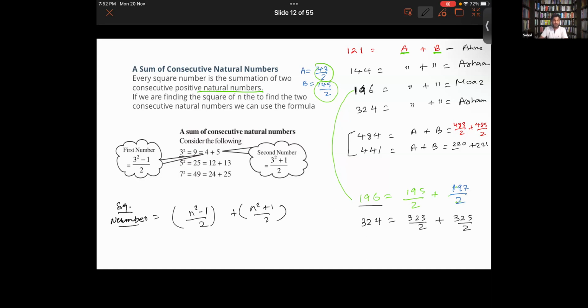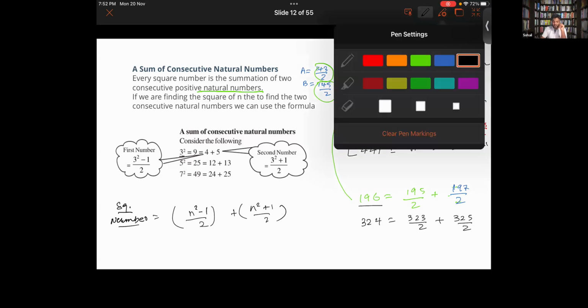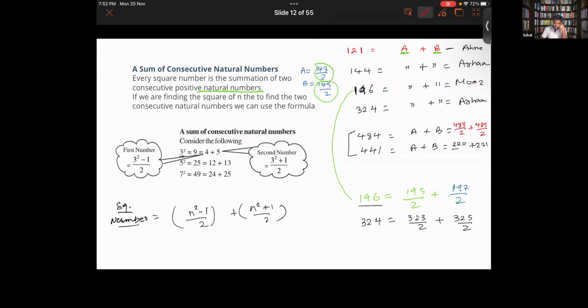Look, I say there will be an interesting pattern which you guys will be observing here. Now, for which values are we getting the summation of two positive natural numbers? Sir, for 441 you are getting it here, right? Yes. Okay, what about other numbers?